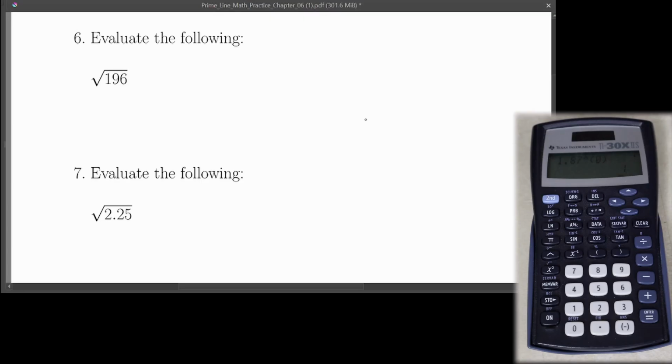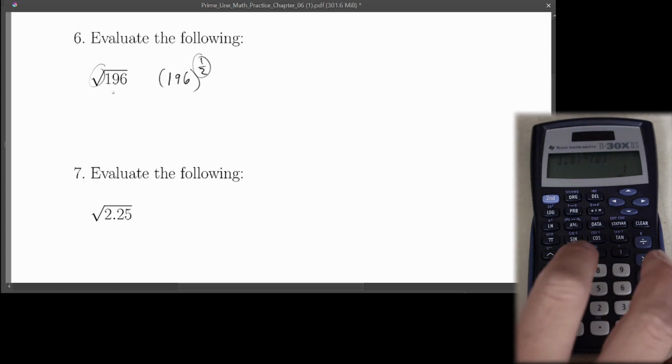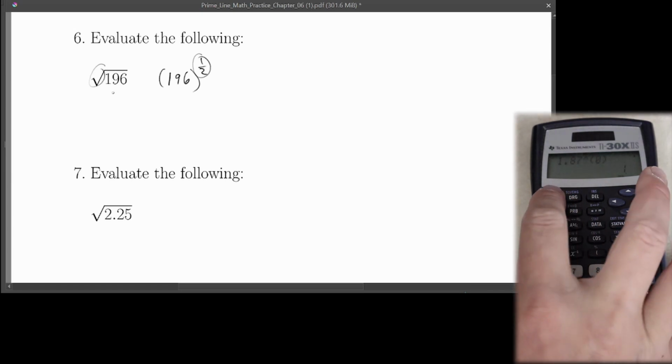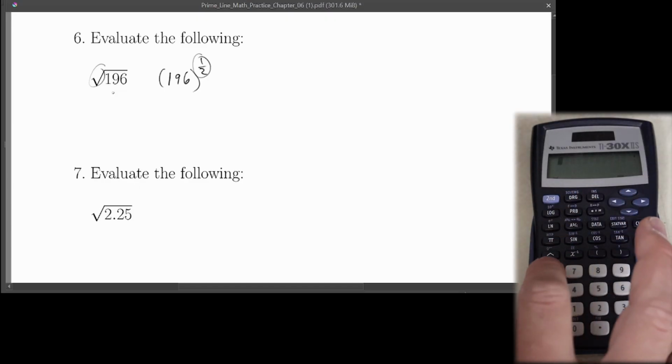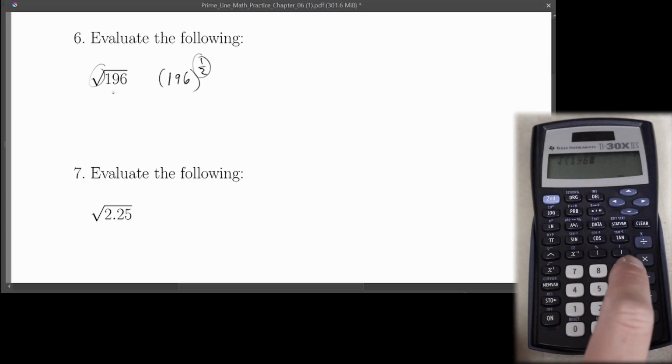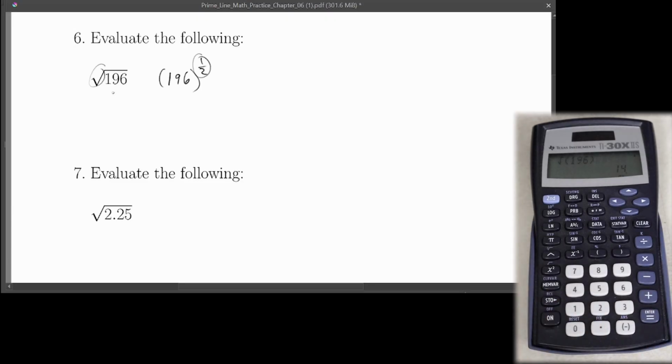Okay, so square roots, this is like writing 196 to the 1/2 power. So the 1/2 is the same as a square root. On our calculator, we can type it in either way. We could do the square root of 196 and get 14.